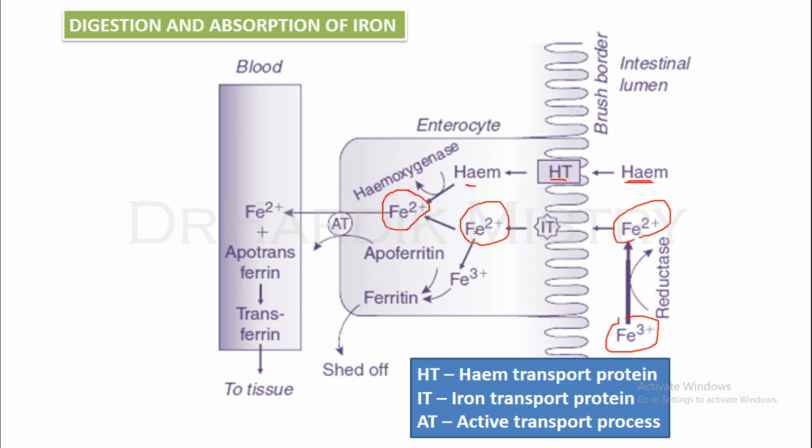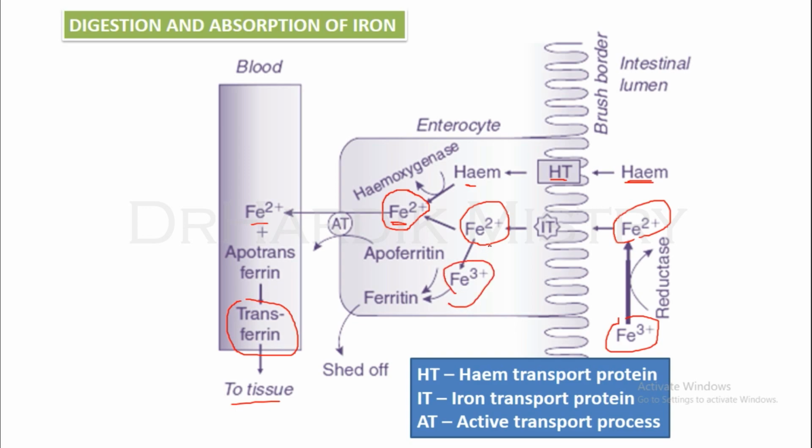So here the Fe+2, which also comes directly in the Fe+2 form, is absorbed into the blood and comes in contact with apotransferrin to form transferrin, and this is an active transporter mechanism by which this Fe+2 enters into the blood circulation, and it binds with apotransferrin to form transferrin, and in the form of transferrin it travels inside the blood and goes into different types of tissues.